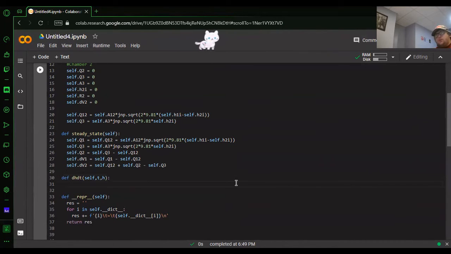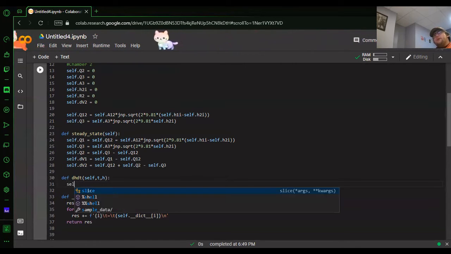So if you remember, our dH dt equation was just our change in volume over our equation for the cylinder we found.